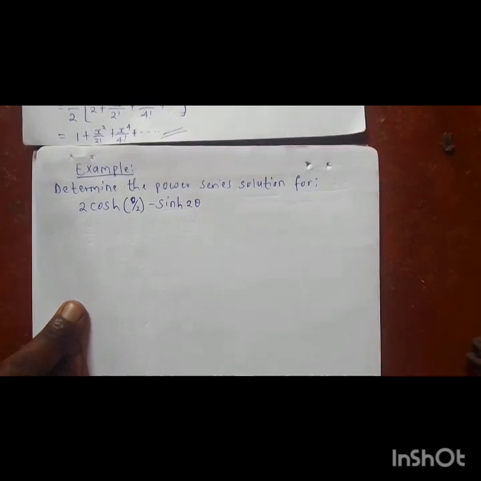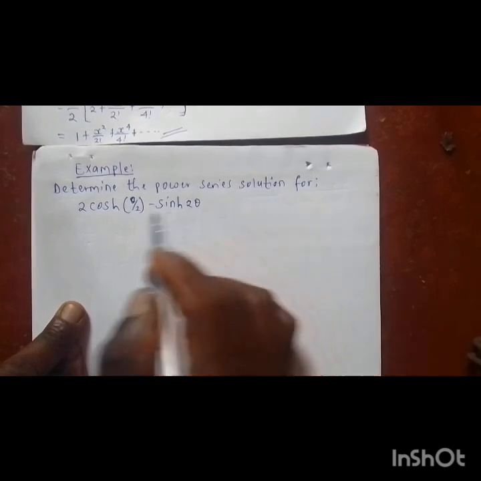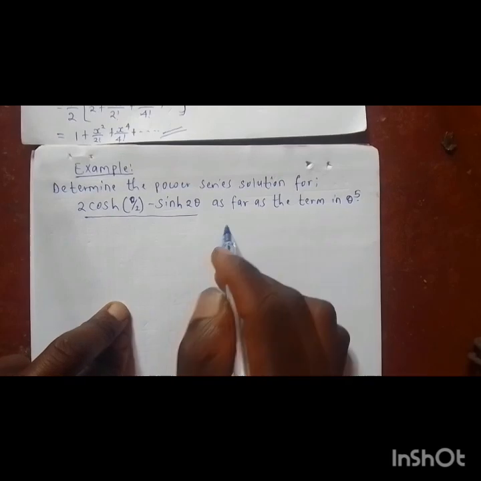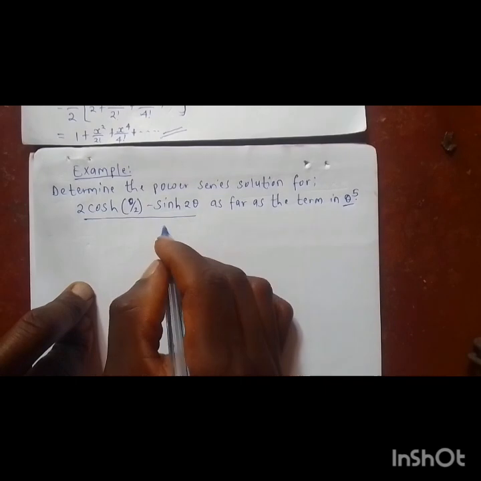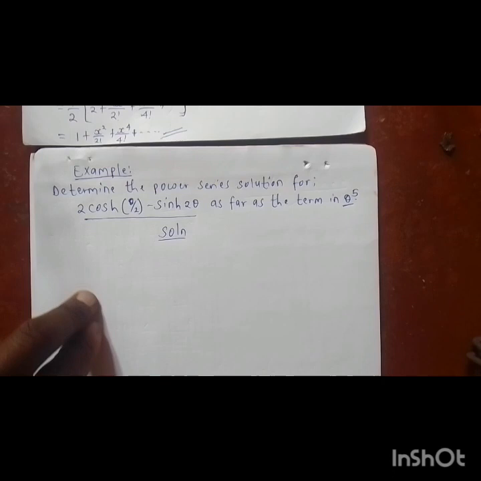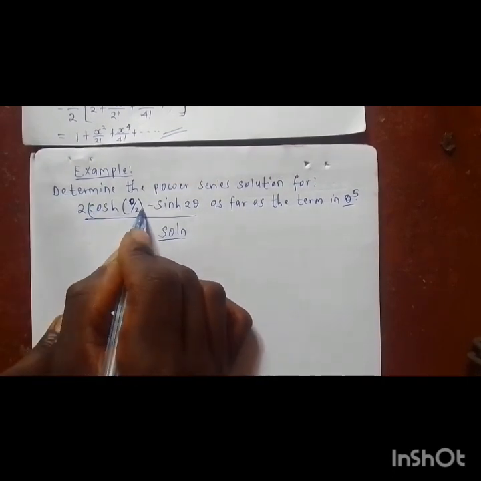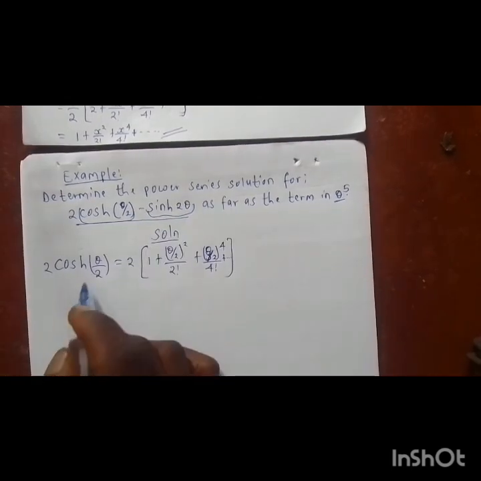Let us now look at this example. You are asked to determine the power series solution for these expressions as far as the term in theta raised to the power of 5. So the first thing, you express these expressions in their correct form. So this is how we express this expression.